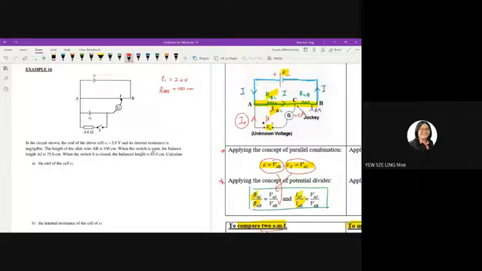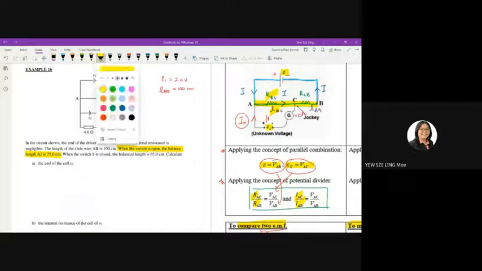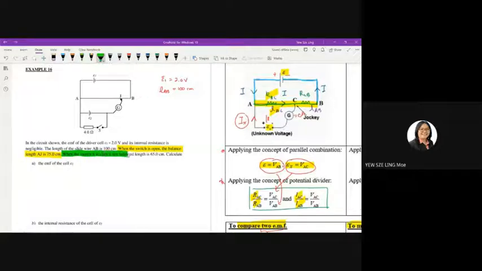When switch S is open, the balance length AJ is 75 cm. And when switch S is closed, the balance length is now 65 cm. So you're given two different statements. One is your LAJ, LAJ is 75.